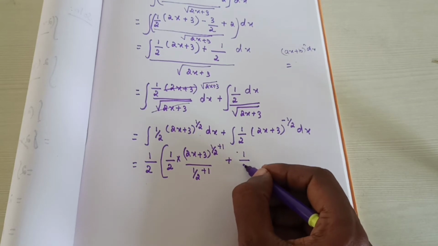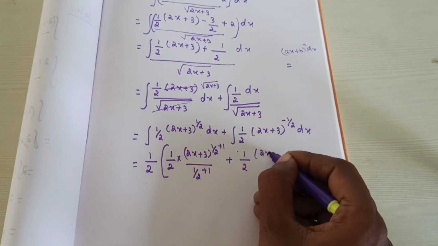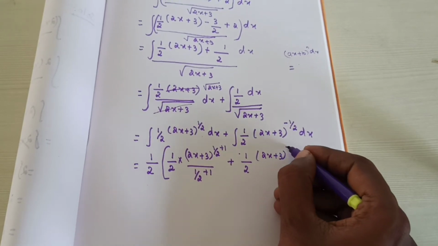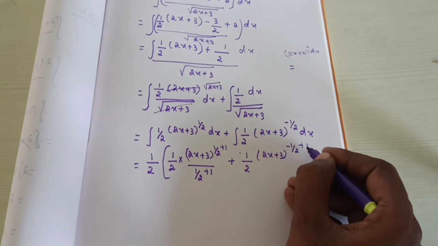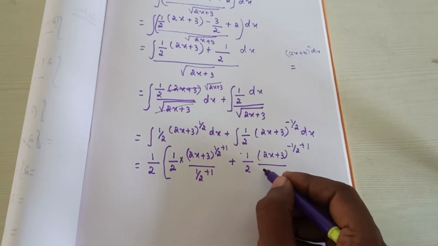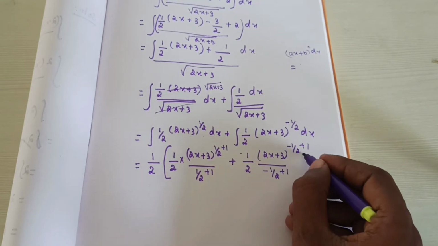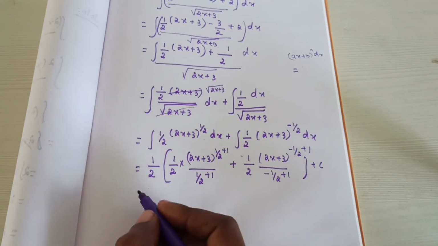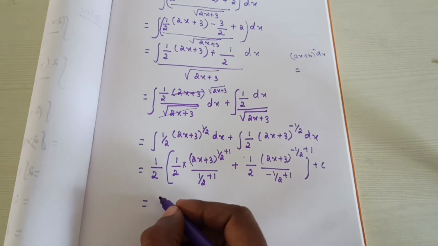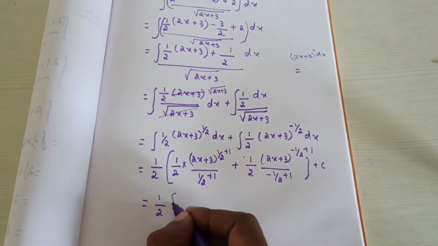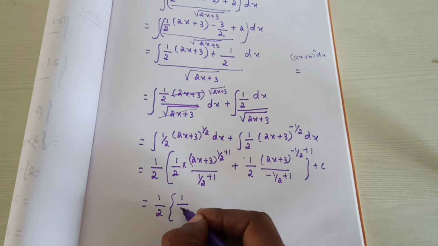So what will happen? 1 by 2 into 2x plus 3 the whole power minus 1 by 2 plus 1 divided by minus 1 by 2 plus 1, plus c.